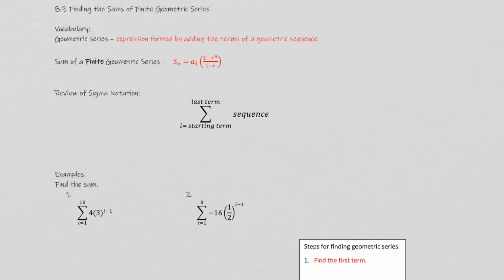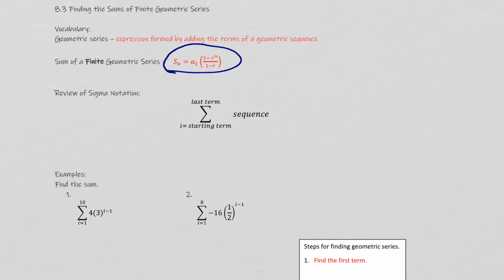Okay, so a geometric series, instead of adding to each term to get to the next term, which is what we do with arithmetic, we multiply. And the equation for finding the sum of the finite series is right here, where the sum will equal the first term times parentheses 1 minus the common ratio to the nth power, which is number of terms, over 1 minus that common ratio.